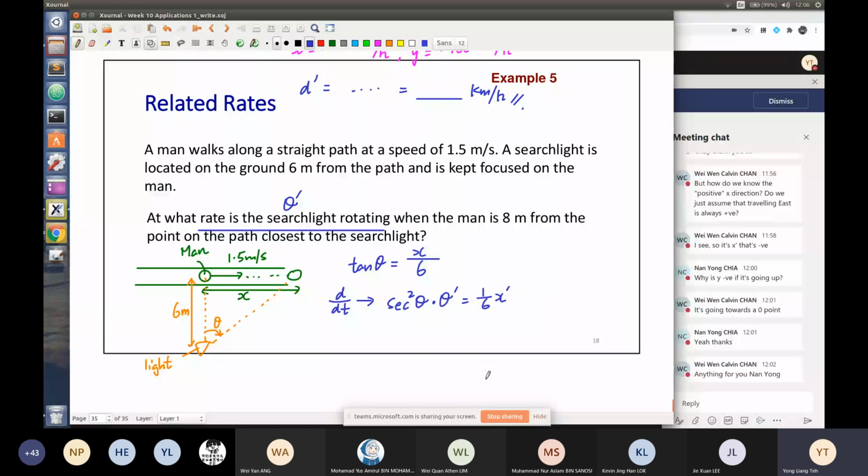So theta prime is actually equivalent to 1 over 6, which is x prime over 6 secant square theta.